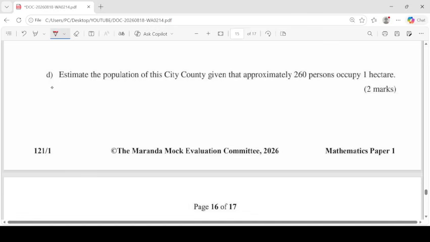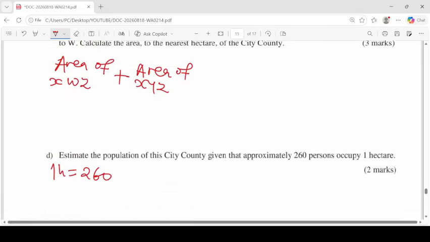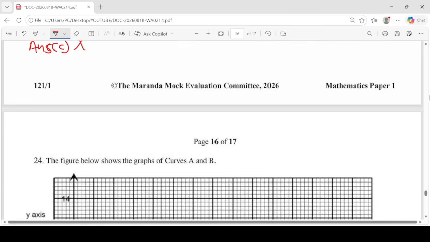So I'll say if 1 hectare is equal to 260 persons, what about the number of hectares we got in part C? Then you cross multiply, and you will be getting your answer.